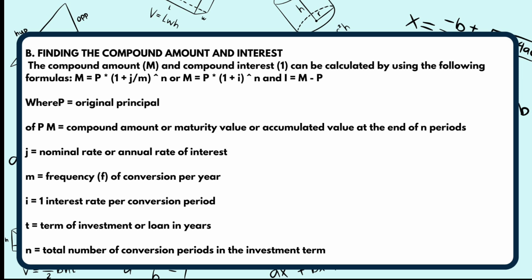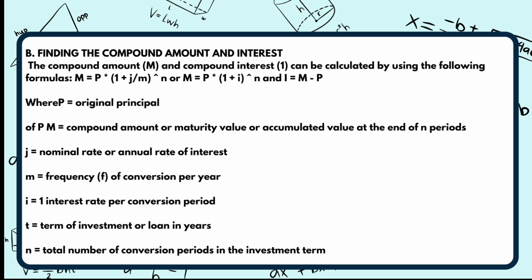Yun lang. And the number 2 is frequency of conversion. This refers to how many conversion periods there are for an investment or a loan in a year. It is represented by the letter M. Examples are monthly. M is equal to 12, which means there are 12 conversion periods in a year. And a quarterly is M is equal to 4, meaning 4 conversion periods in a year.